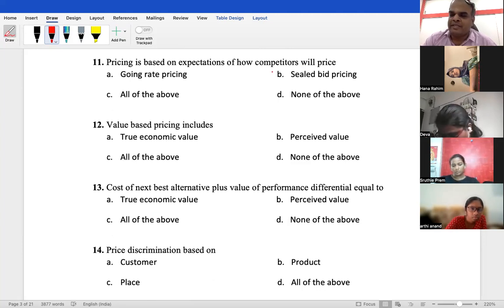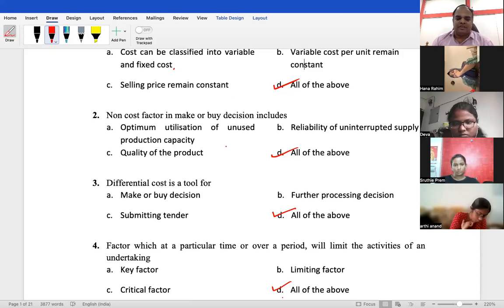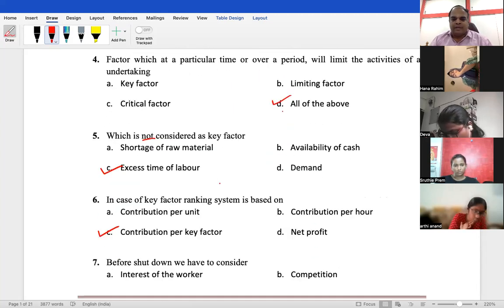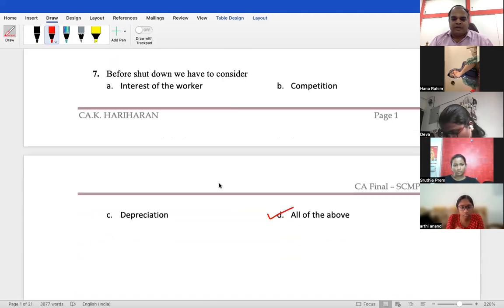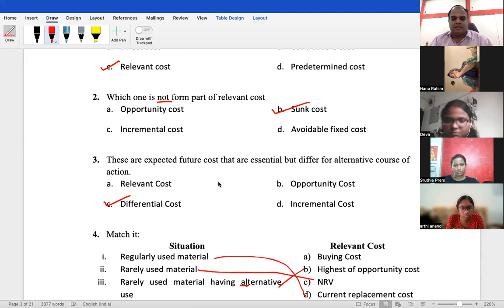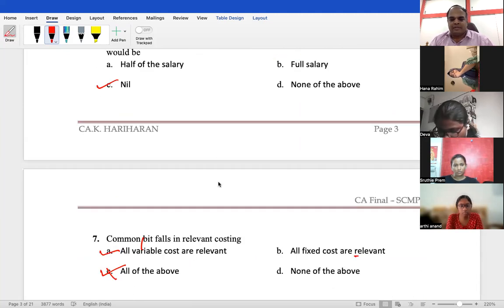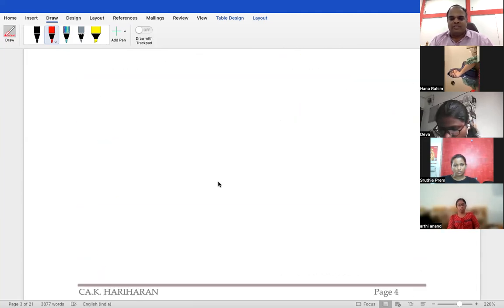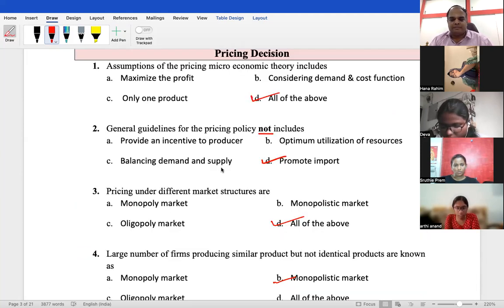Accordingly, I'm going to reduce the price based on the relevant costing approach. Therefore, it's purely based on the expectation of how the competitor is going to fix the price, right? Here, expectation means sealed bid price, because I may not be aware of how much they are going to fix.